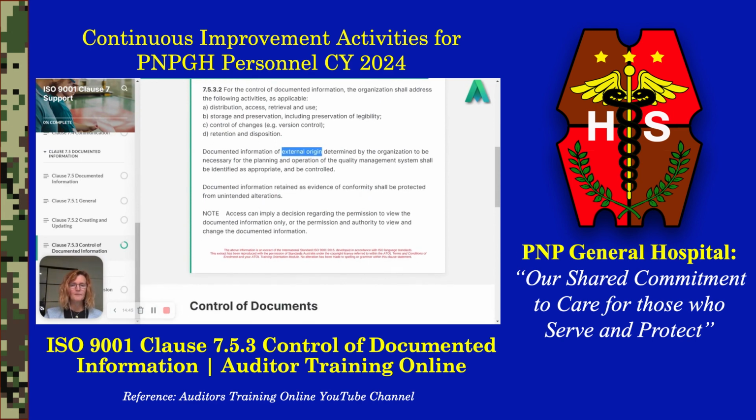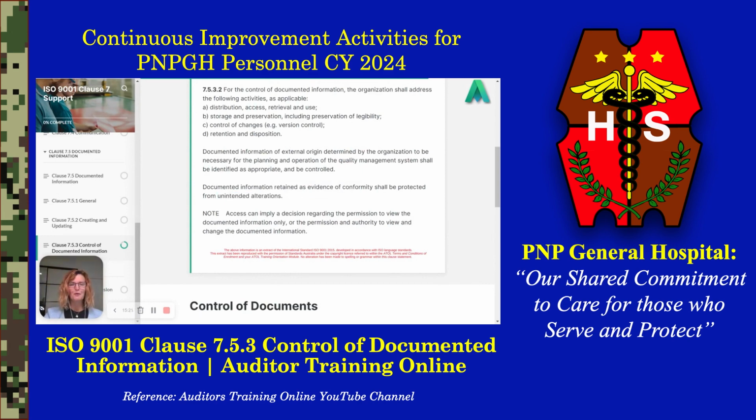Then it goes on to say, documented information retained as evidence of conformity shall be protected from unintended alterations. I'm going to read that again just to process it myself. Documented information retained as evidence of conformity. So that's records, evidence, which I mentioned above. They're saying evidence shall be protected from unintended alterations. That's a very good point, isn't it?